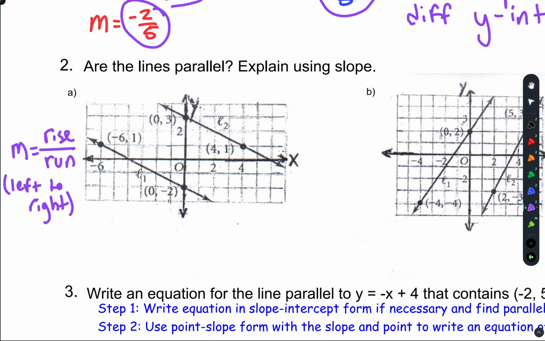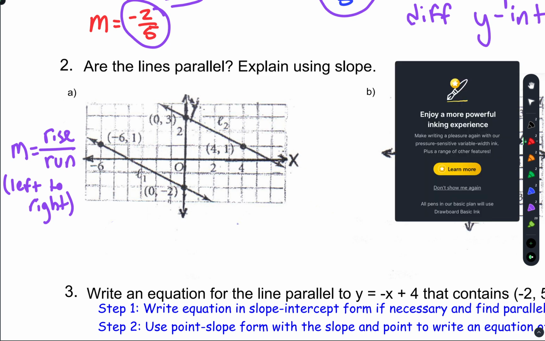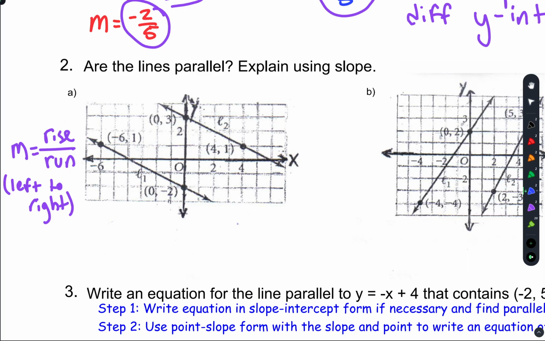So I'm going to look at that line on the top first, and I want to count its rise over its run. I'm always going to start with the point that's on the left-hand side. So this point right here. I'm going to count the rise first, 1, 2. So it's a rise of negative 2. And the run, 1, 2, 3, 4. Run 4. The slope of this line is negative 2 over 4, which reduces to negative 1/2.